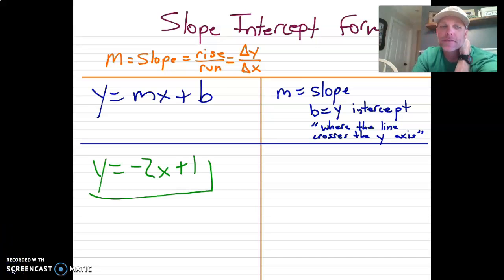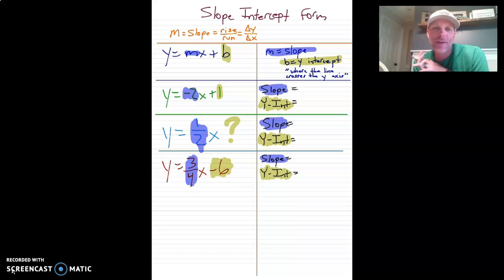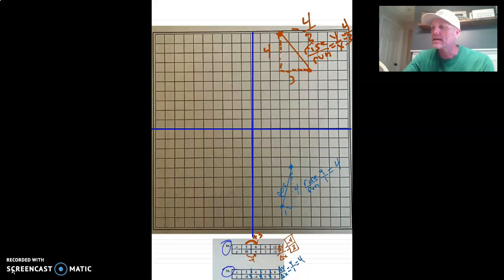So write this. Alright, so I've written down a few things since I paused, because I got interrupted about 19 times. So, looking at slope-intercept form, the formula is y equals mx plus b, where m is the slope and b is the y-intercept, or where the line crosses the y-axis.